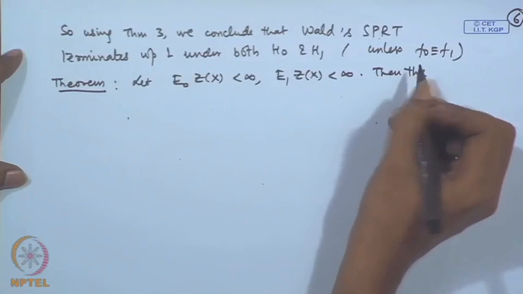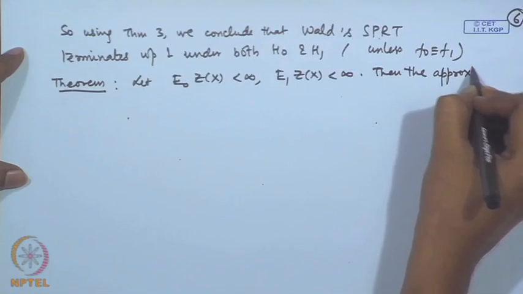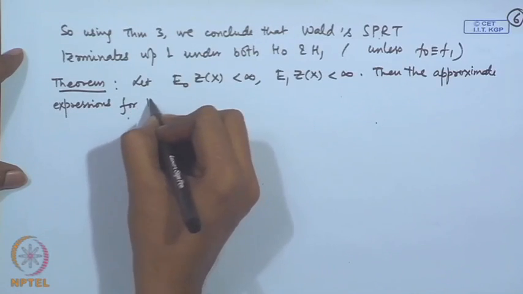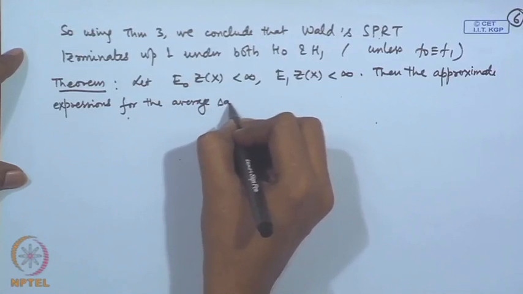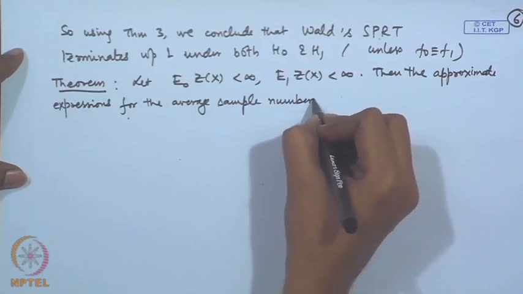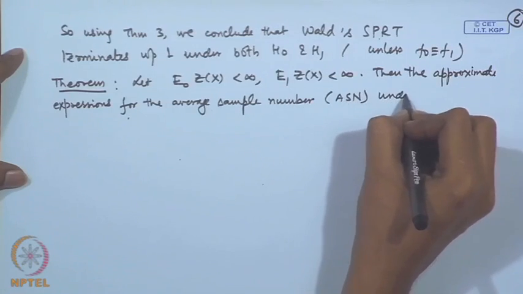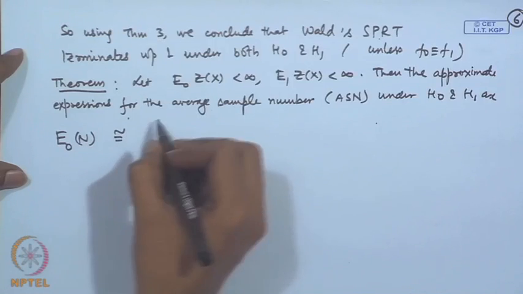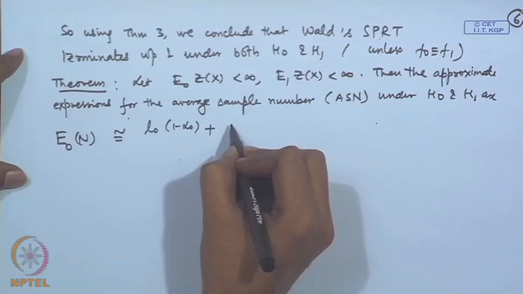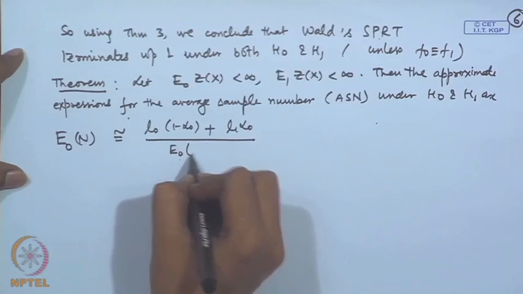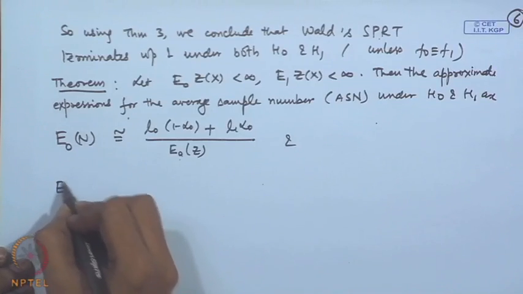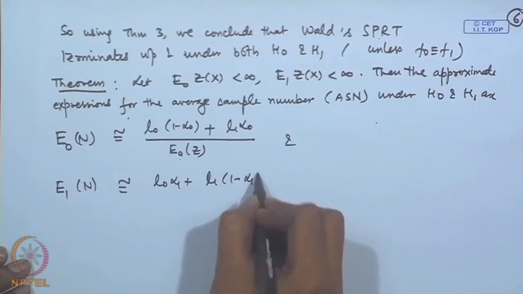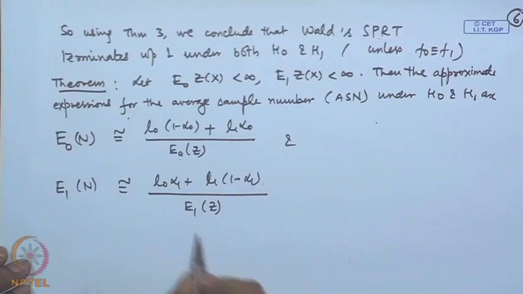Then the approximate expressions are given by expectation of n under H naught is approximately L naught 1 minus alpha naught plus L 1 alpha naught divided by expectation of z under H naught, and expectation 1 n is approximately L naught alpha 1 plus L 1 1 minus alpha 1 divided by expectation 1 z. Let me call it 1 and 2.